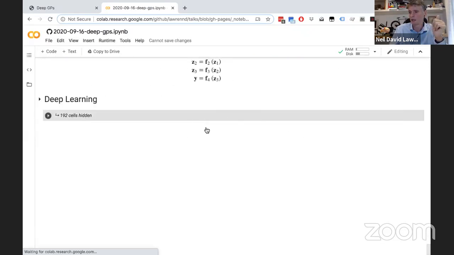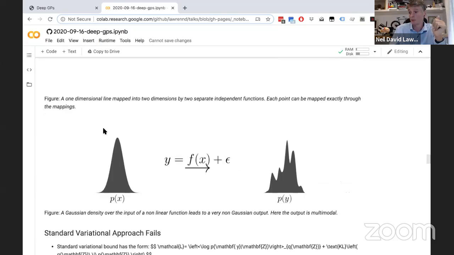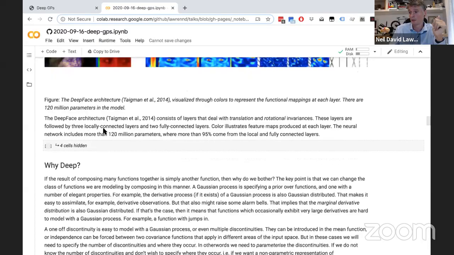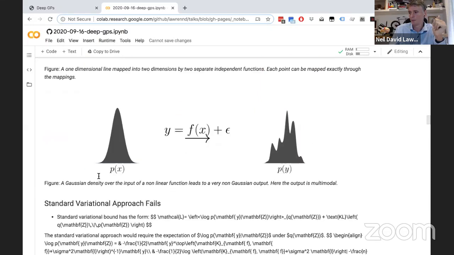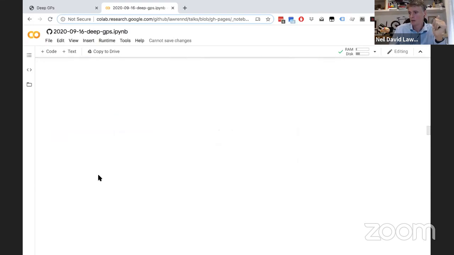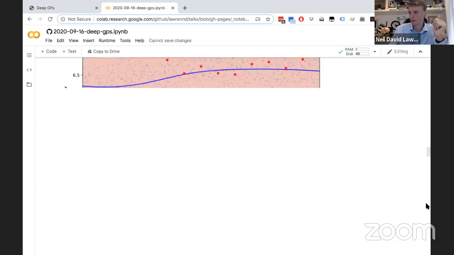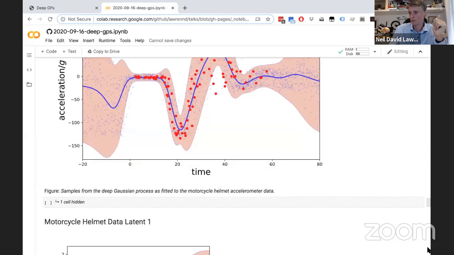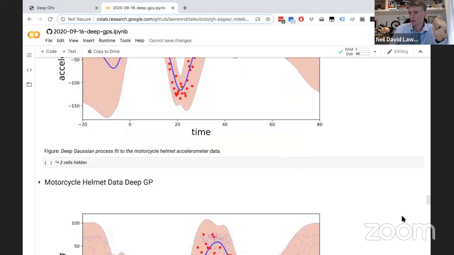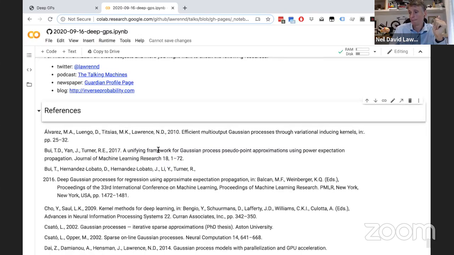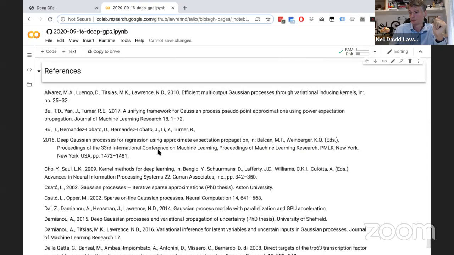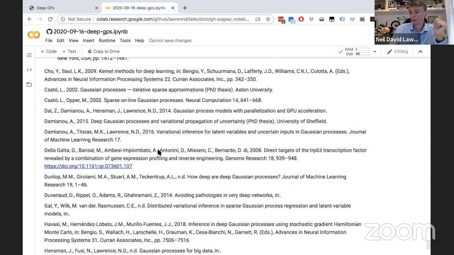For some reason Colab likes to hide cells, so you just have to click on them. Oh, hidden. Yeah, see all that.